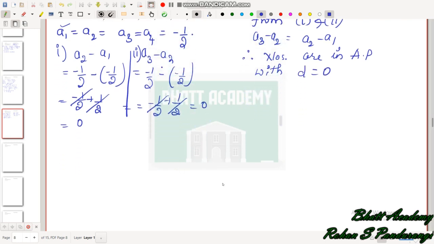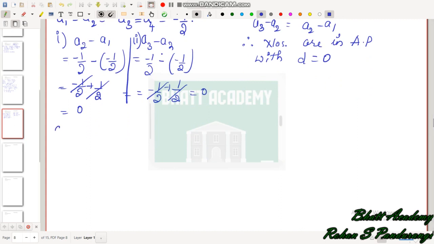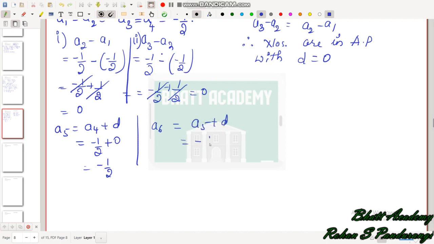Okay, so now ಈಗ a5 a6 a7 ಅನ್ನು ಕ್ಯಾಲ್ಕುಲೇಟ್ ಮಾಡಬೇಕು. a5 is a4 plus d, that is minus half, plus 0, that is minus half. A6 should be equal to a5 plus d, again it is minus half plus 0, again minus half.